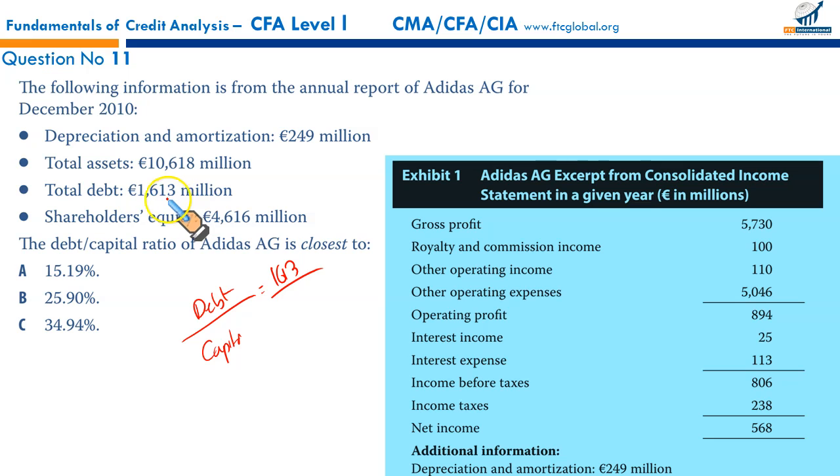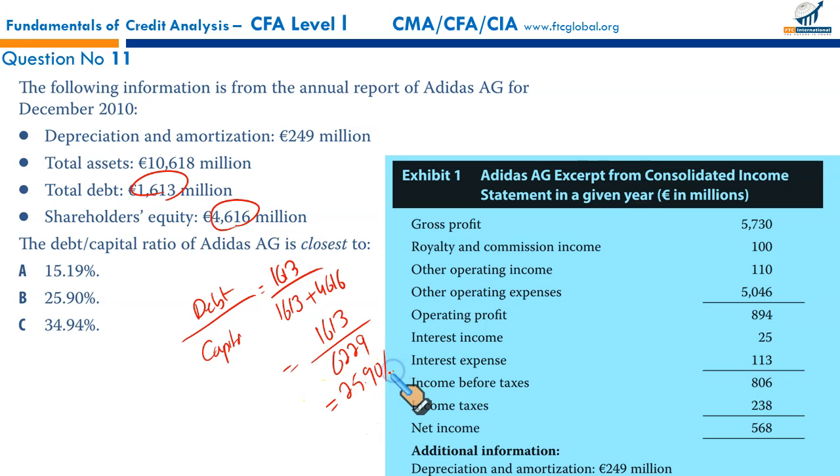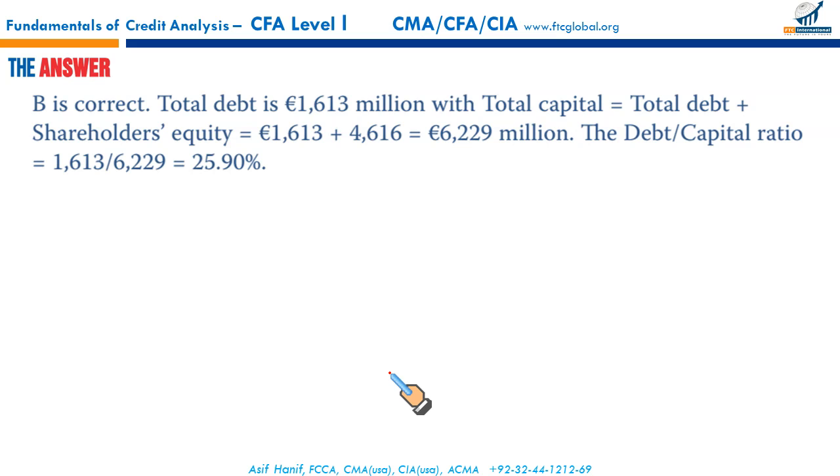So simply adding the debt and the equity, these are the total funds deployed in the business. Adding these two, 1613 plus 4616 million. So that would give you 1613 upon 6229, and it would be approximately 25.90%. That makes B our correct option.